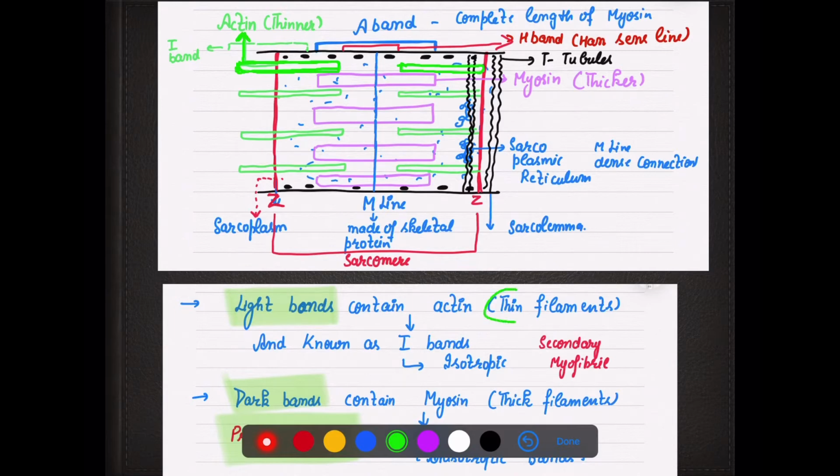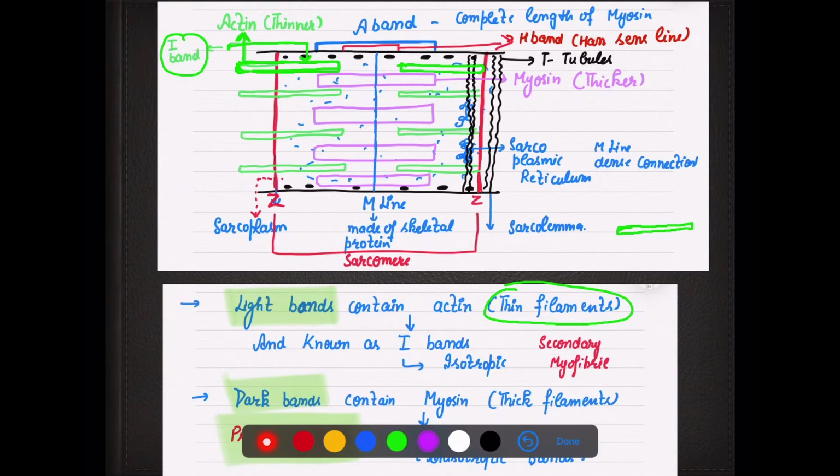Light bands are thin filaments; you can make them even thinner, this much is sufficient. They are thin filaments and they contain actin. These light bands are known as I band.